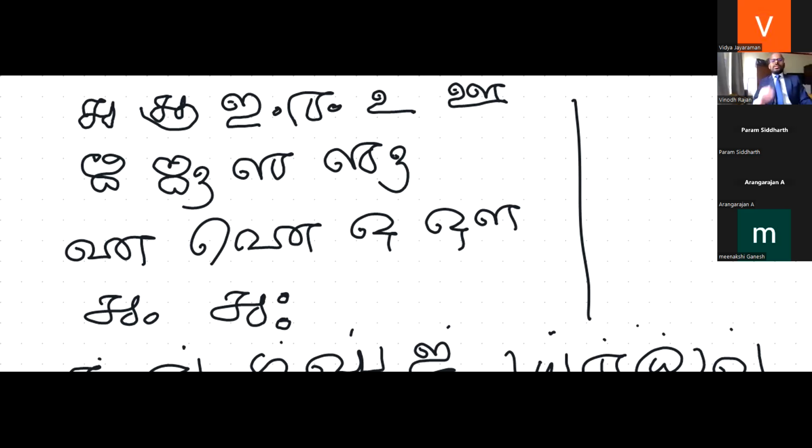So the origin of the Tamil ai sign is basically two a signs combined together. But in Grantha, you still write them separately because the script was standardized.